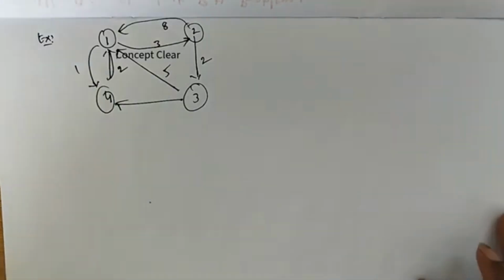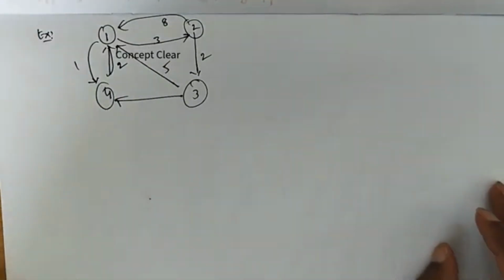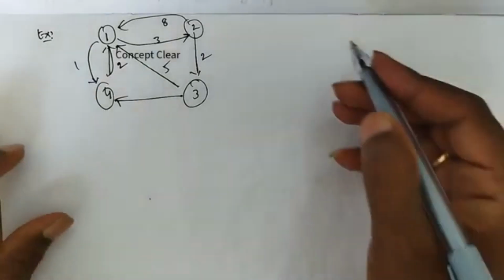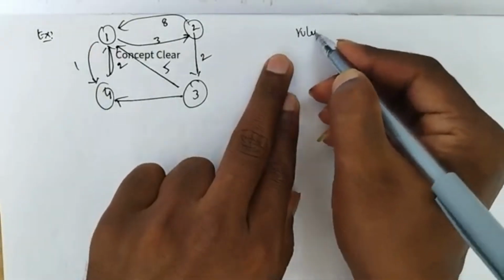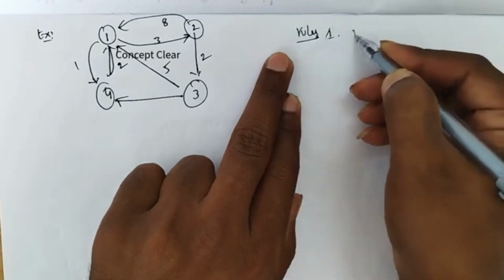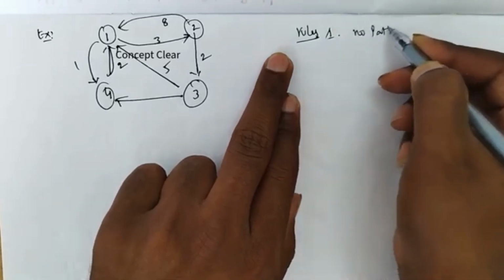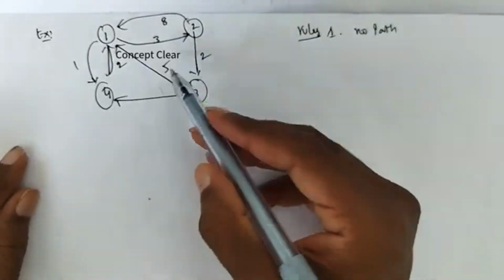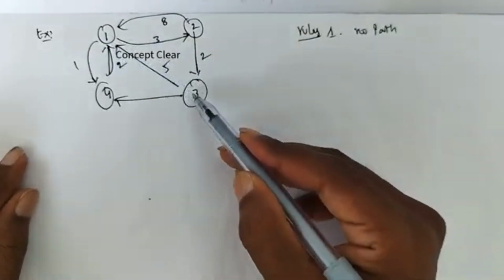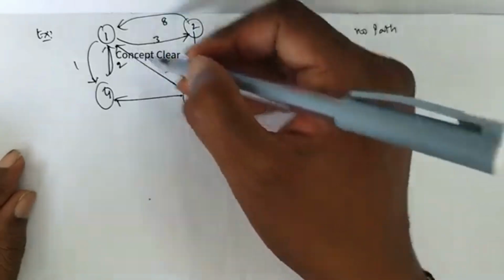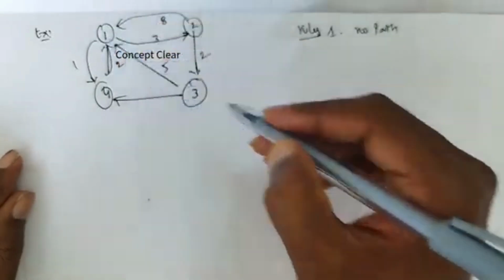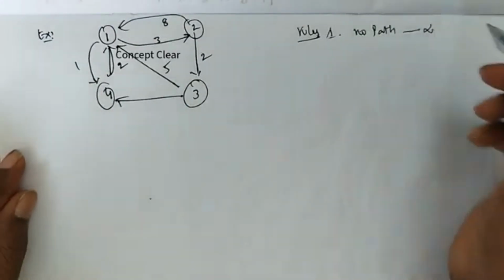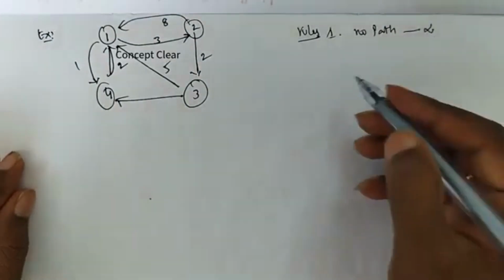To perform this problem, what are the rules? We have some set of rules. The first rule is no path. For example, here there is a path from 3 to 1, but there is no path from 1 to 3. If there is no path, we have to consider infinity.